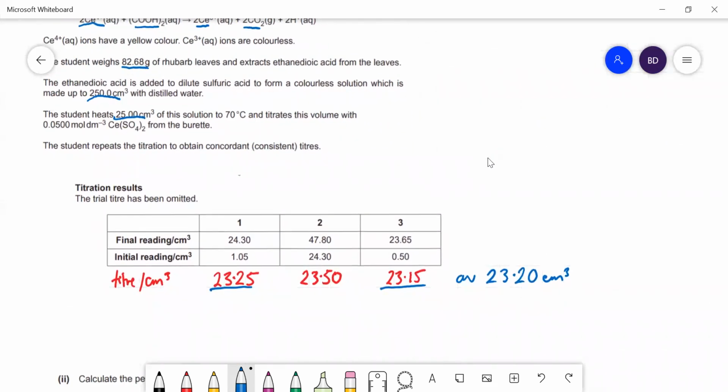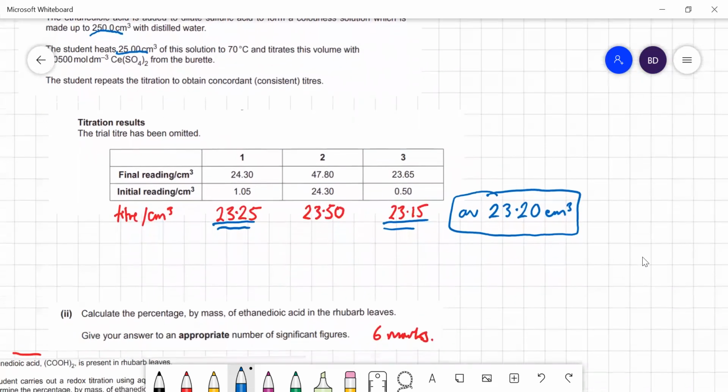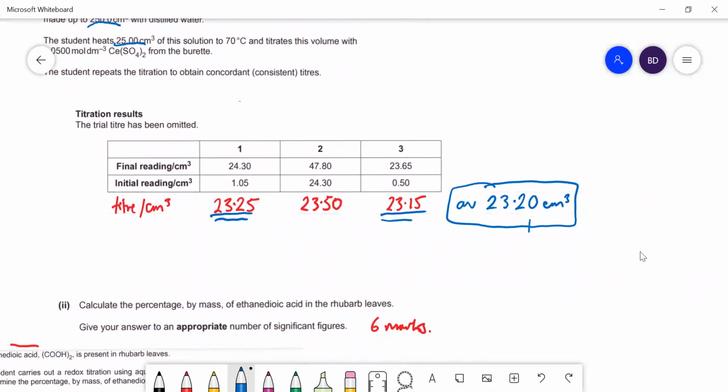So we have to work out the titers. So I've done that already by subtracting the initial from the final. Which 2 are concordant? It's the 2 I've underlined here, that one and that one. And so the average titer is 23.2. Right? It asks you to do that. And then next. So we need this value later on.